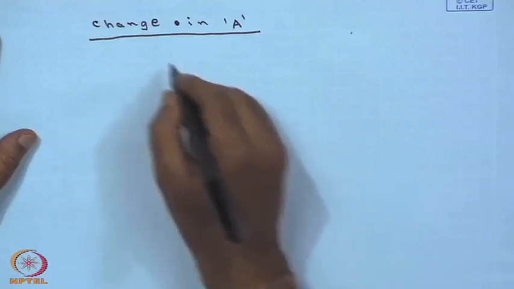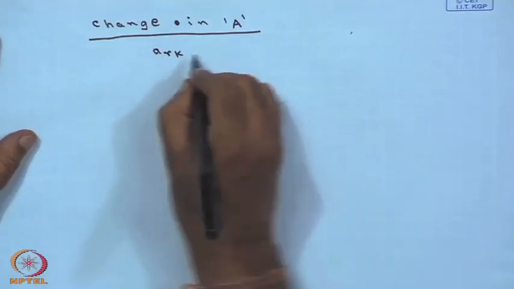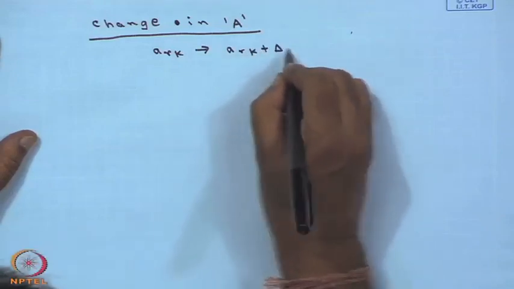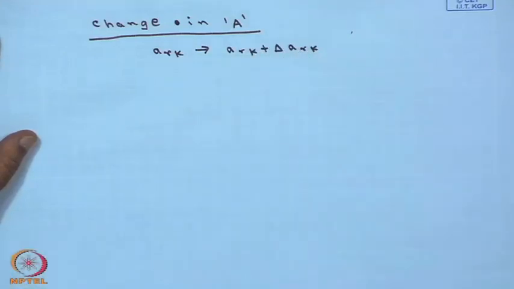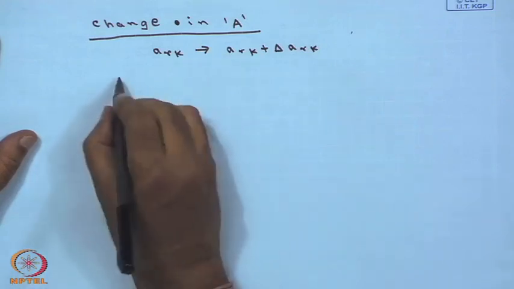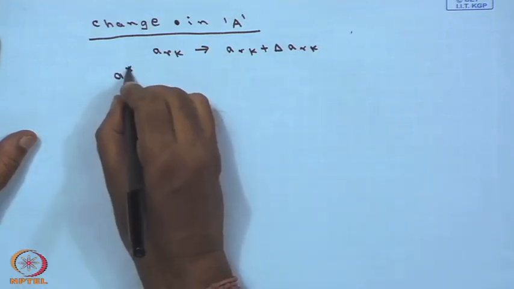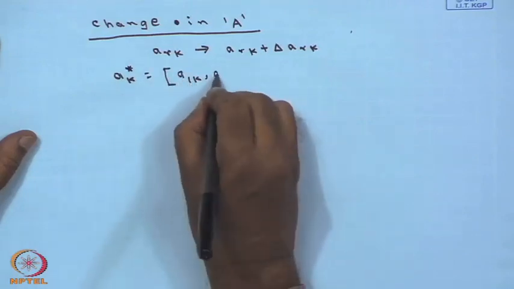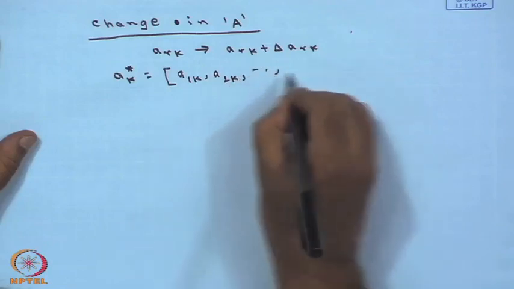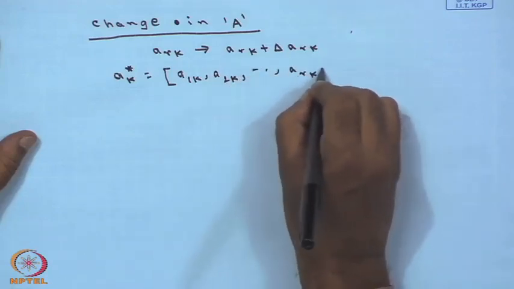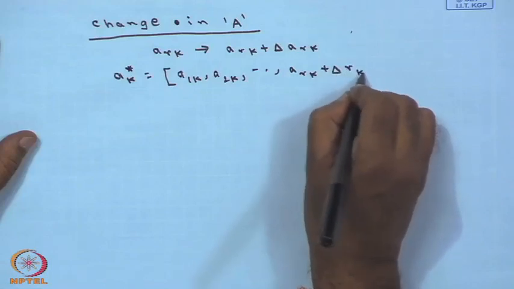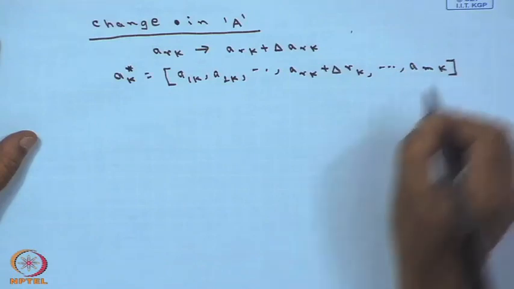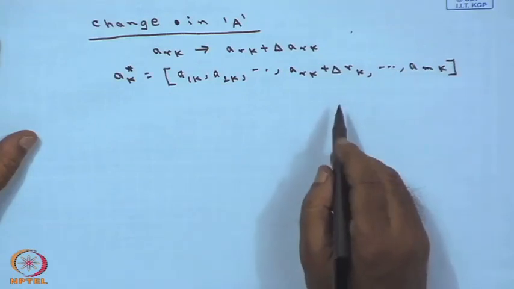Now, suppose one element a_rk has been changed to a_rk plus delta a_rk. So, the modified vector can be written as a_k star equals a_1k, a_2k, and so on, a_rk plus delta a_rk, and the last one is a_mk. So, this is your modified a_k star.